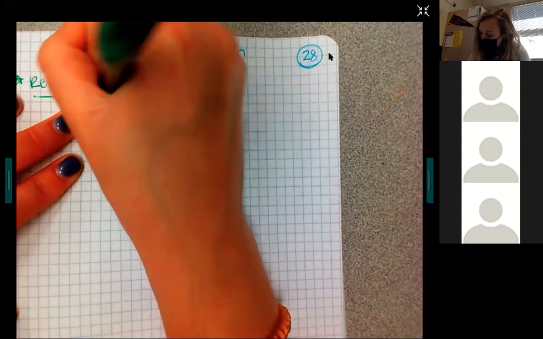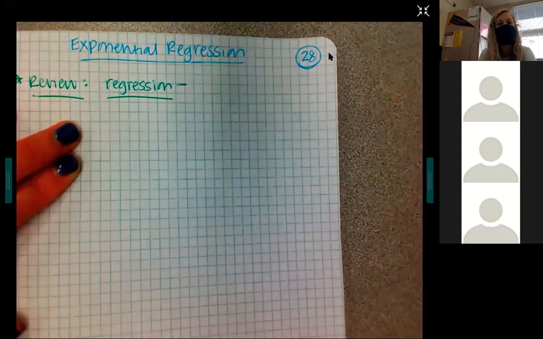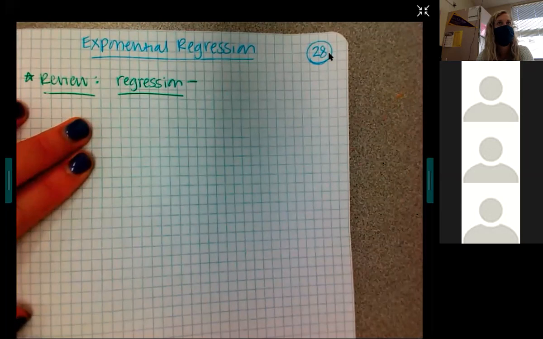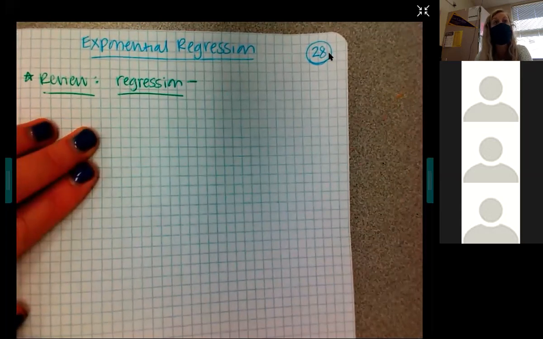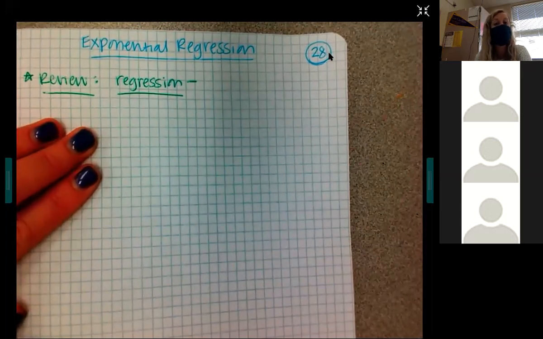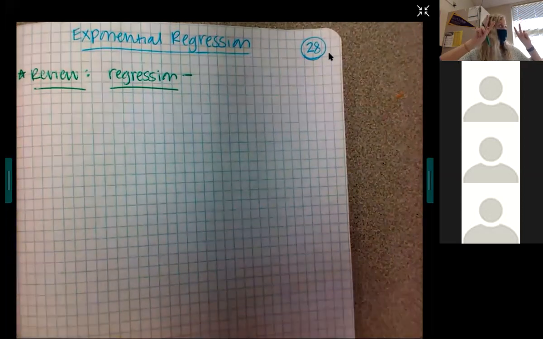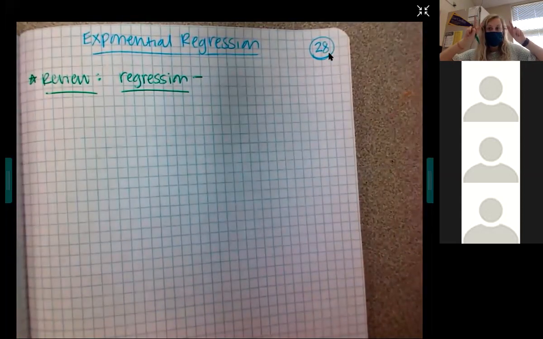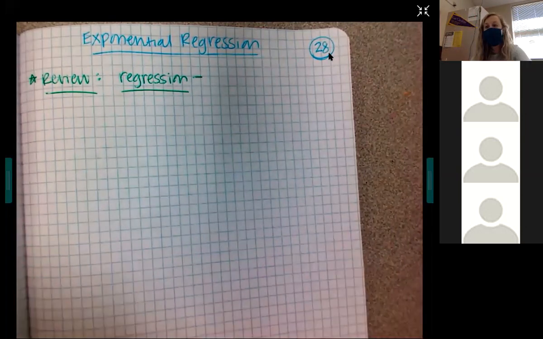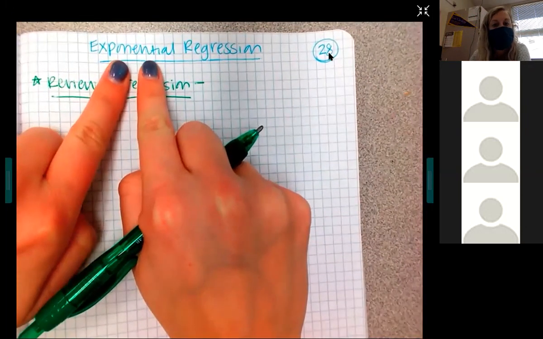What does the word regression mean? What is regression? Line of best fit. Now listen, good. Don't write that. Let's talk about it. It's the process of finding, I'm going to put this in air quotes, the line of best fit. Are we doing linear functions anymore? No. What kind of functions are we dealing with now? Exponential.